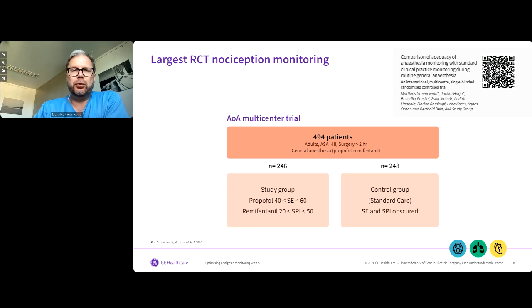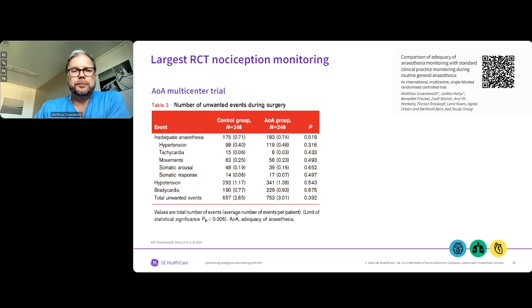The one study group where our anesthetics were monitored due to entropy and SPI, and we had the standard care group where entropy and SPI were obscured. We were very surprised because effects that we saw earlier in pilot studies, which was avoidance of unwanted events, could not be shown again.